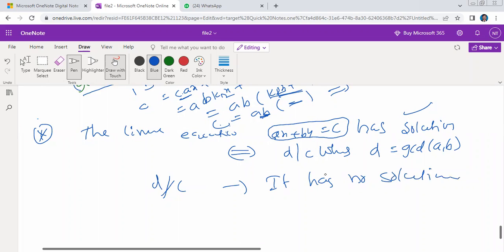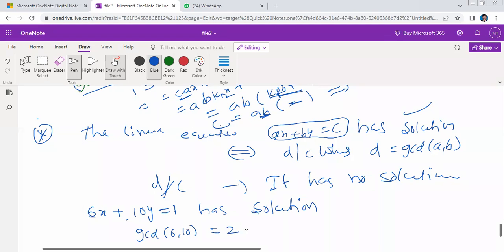It has no solution. For example, let me ask one question. Is it clear? 6x plus 10y is equal to 1. Has a solution or not? I am just asking about the solution: is there one or not? What is the GCD of 6 comma 10? GCD of 6 comma 10 is equal to 2.